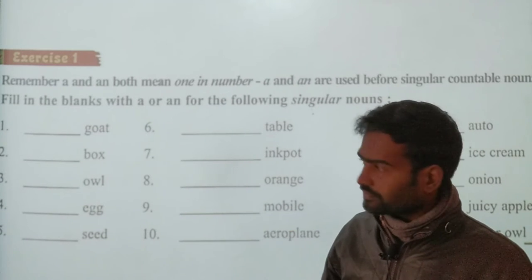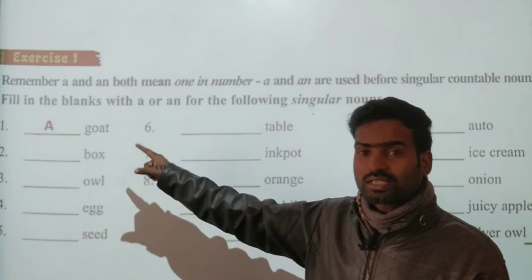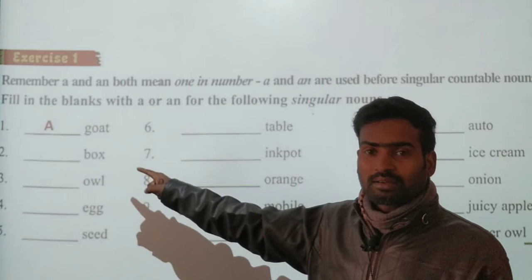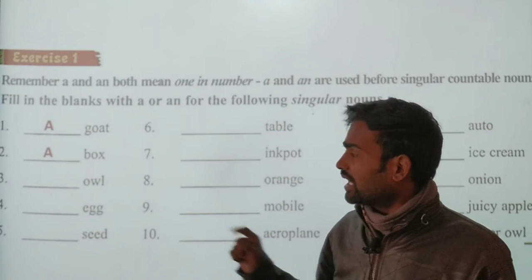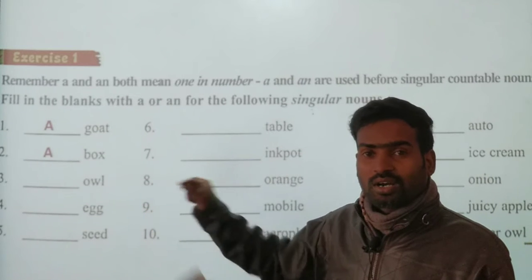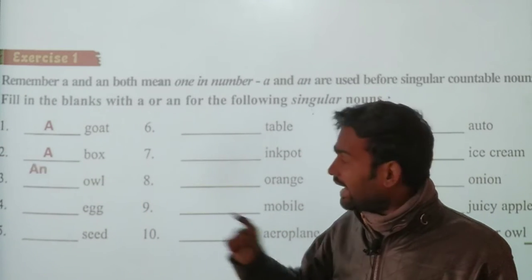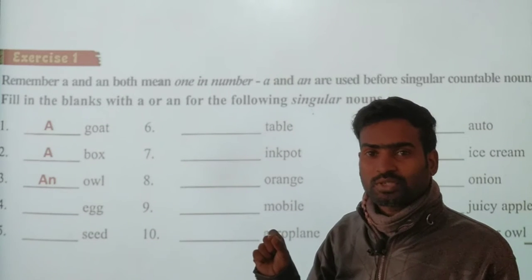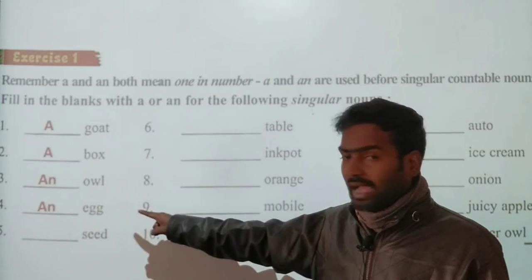Clear? See here, first one, a goat. Goat, G, consonant sound, so a goat. Box, B, consonant, so we use a. And owl, O, vowel sound, so we use an. Egg, E, vowel sound, so we use an egg.